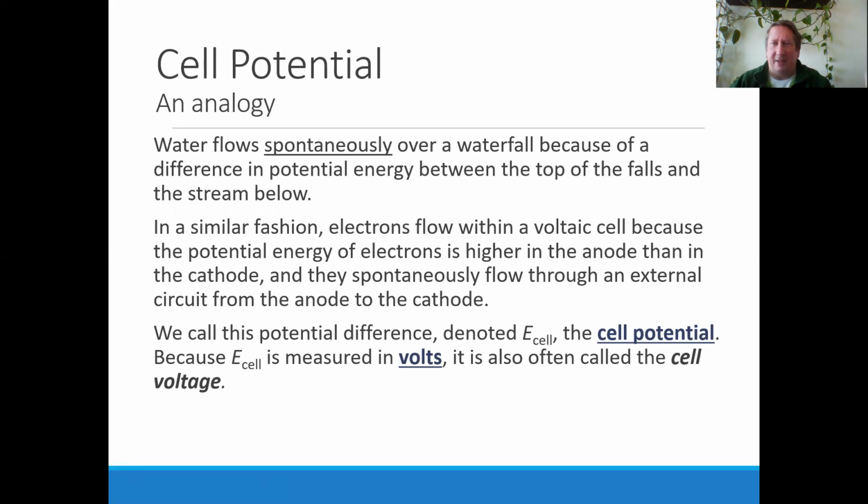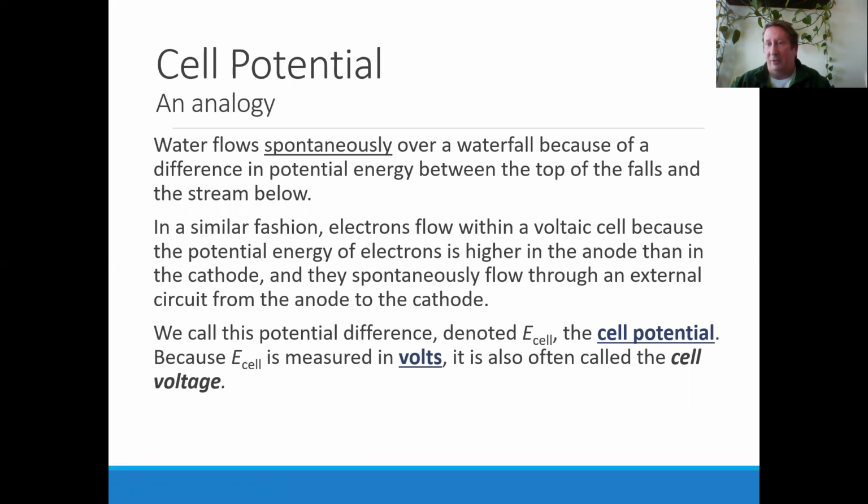So why is it that electrons are flowing from zinc towards copper? Why were the electrons headed from zinc to copper, but not the other way around? It's a similar argument. The electrons in the zinc metal must have a higher potential energy than the electrons in copper metal.